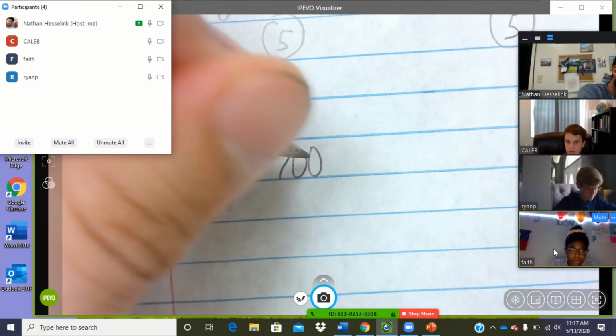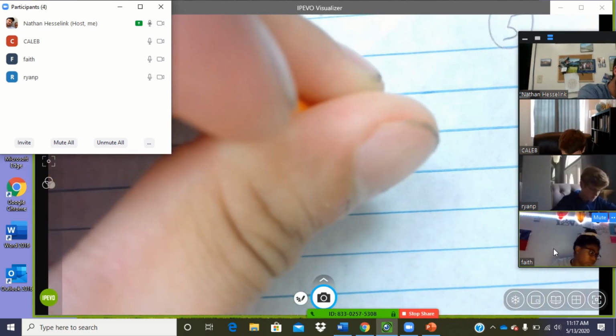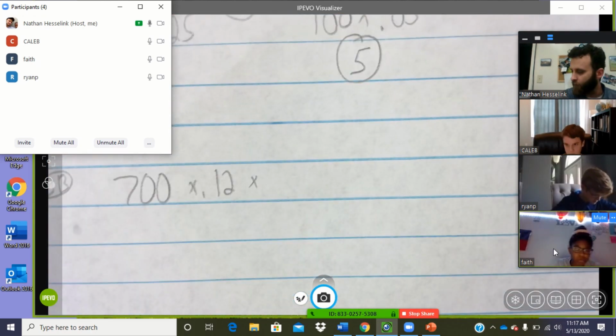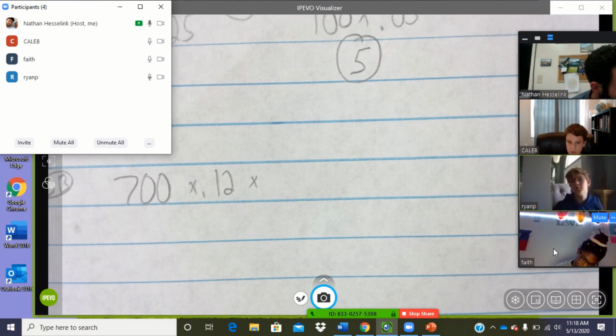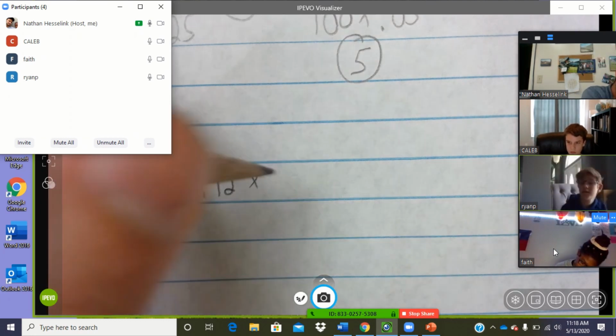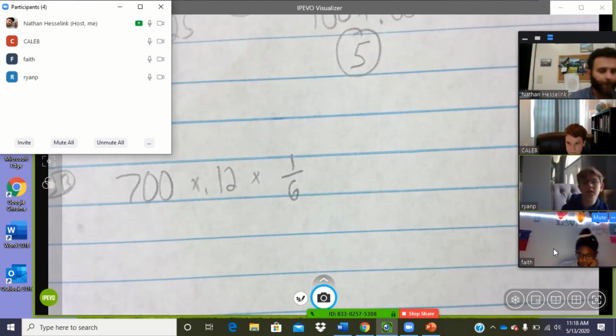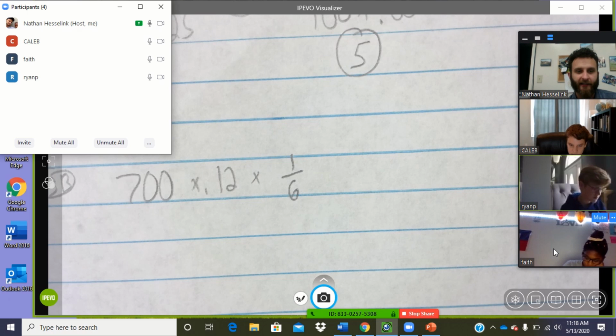700 times 0.12 times what? What is 2 months as a decimal or a fraction? 2 months of a year is what? 1/6. Because of the nature of 1/6, it's a repeating decimal, it's best to leave it in fraction form.